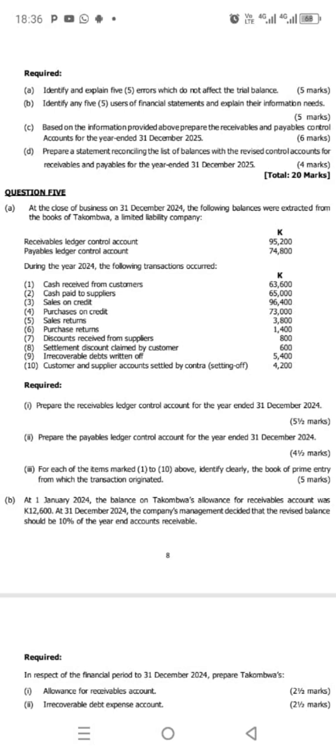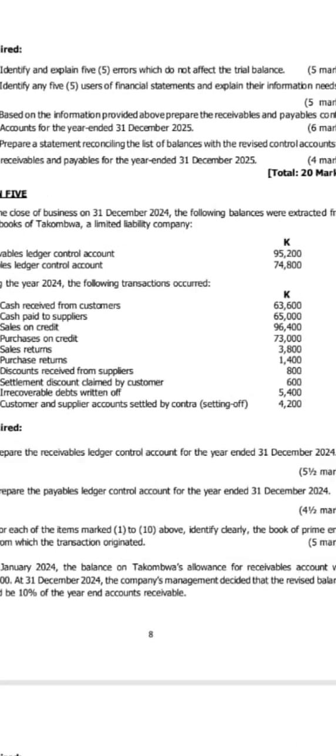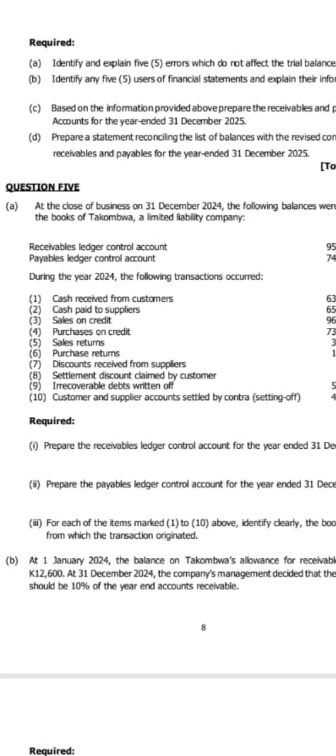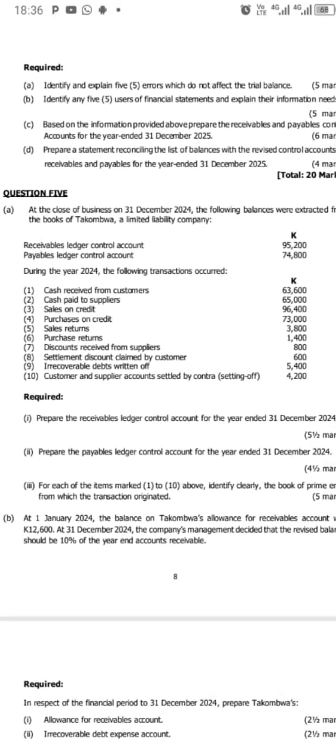At the close of business on 31st December 2024, the following balances were extracted from the books of Takombra, a limited liability company. So we are being given, at the close of the year, these balances.